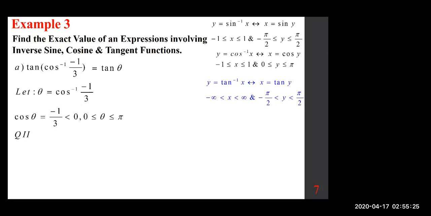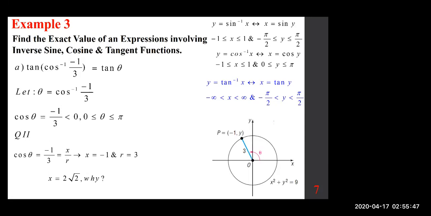And cosine is x over r. So x is -1, r is 3. x squared plus y squared equals r squared, same as before, will give us the same 2 square root of 2 we had before.